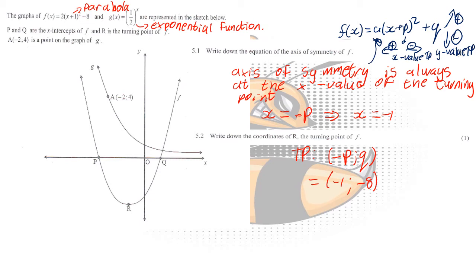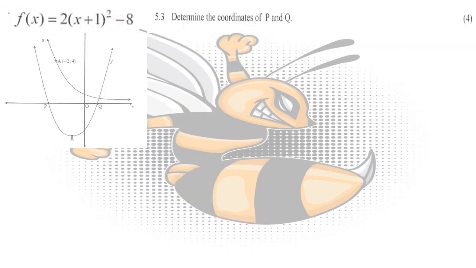Okay, the next question then asks, now determine the coordinates of P and Q. Now if we take a look at the sketch given to us, P and Q are both points where the parabola intersects our x-axis. So therefore we know that these are going to be x-intercepts. And at our x-intercepts, our y value is always 0.